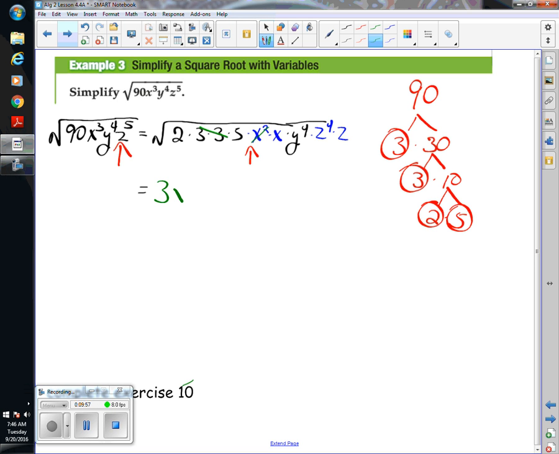Now, we still have another x in there, but we're going to skip right on over. y to the fourth, I'm going to bring that out and call it y to the second. And we have a z to the fourth. That could come out and become z to the second. And we have a single z there. It won't come out. So what's left inside of our radical now is the following.